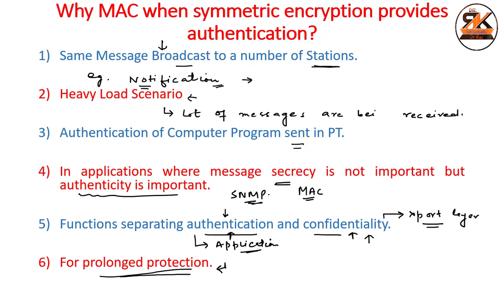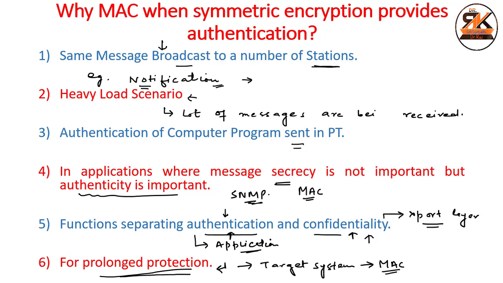When we go for message encryption, the protection is lost when the message is decrypted. So the message is protected against fraudulent modifications only in transit but not within the target system. So when we keep the message in the target system and want to keep it protected beyond its usage, then we use MAC there, so that no alteration can be done in that place also.